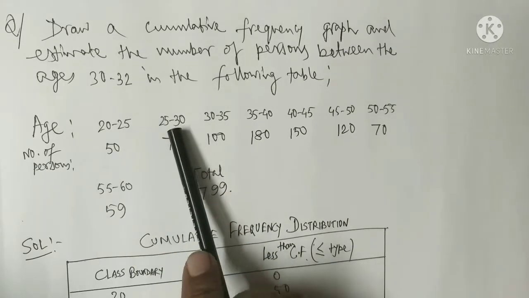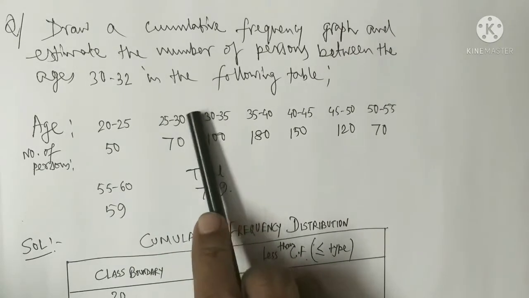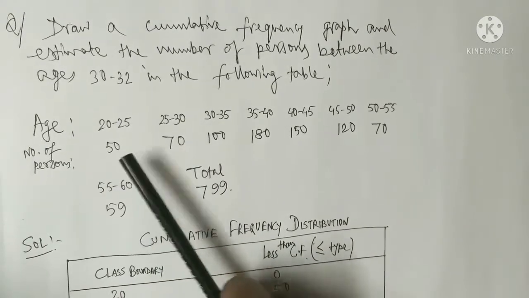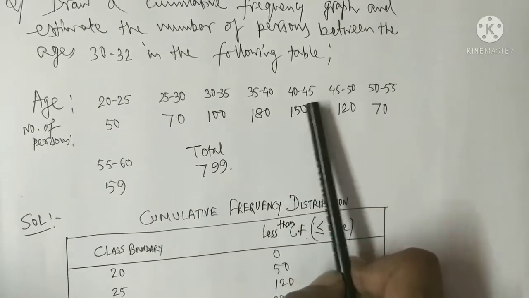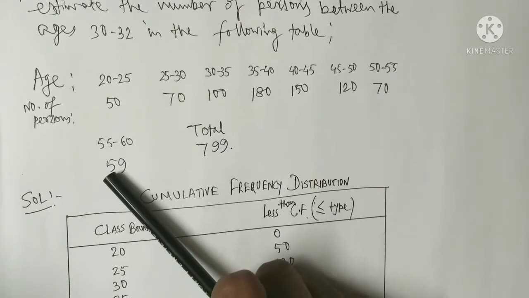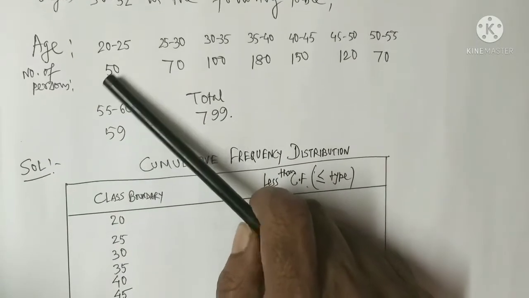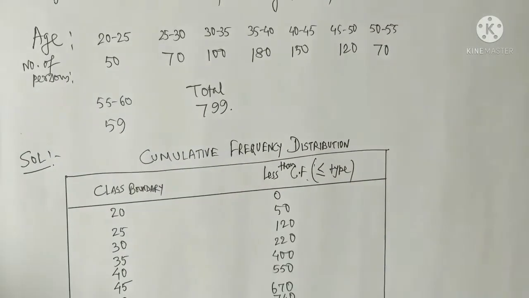These are the class boundaries because there is no gap between two classes. The number of persons are 50, 70, 100, 180, 150, 120, 70 and 59. The total is 799. These are the class frequencies and we have to form cumulative frequencies.